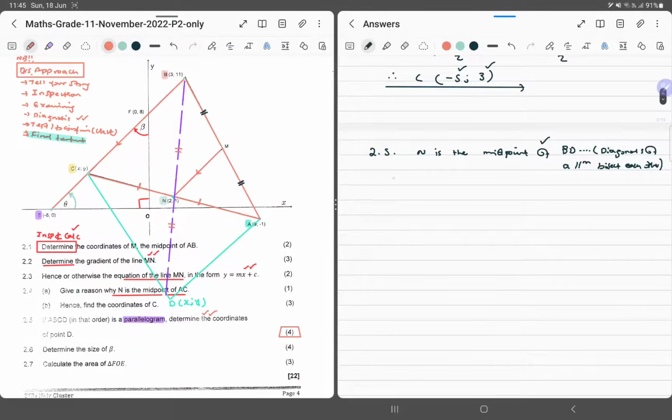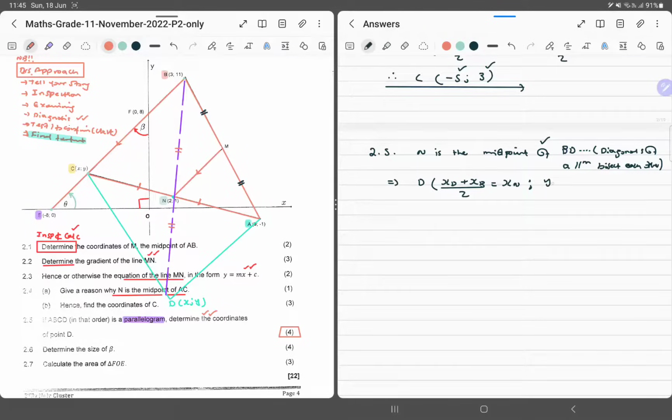And then this implies what? This implies now that D is such that x at D plus x at B over 2 must give us x at N, its midpoint.